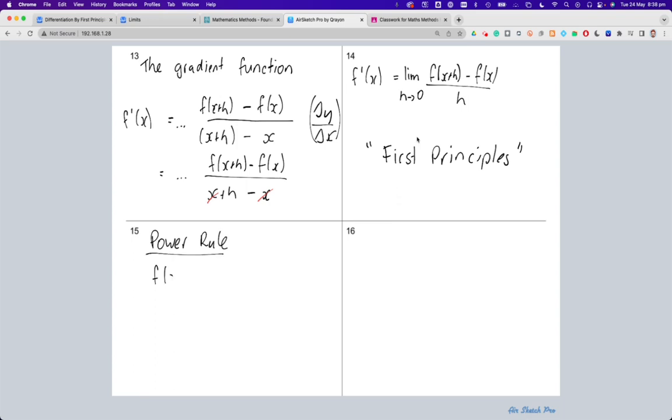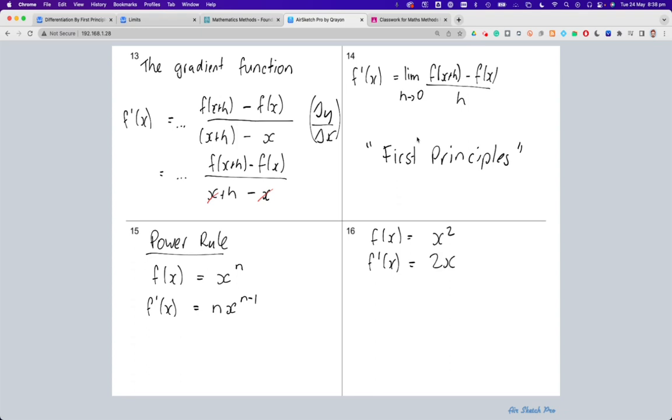If you've got f of x equals x to the power of n, so x raised to a power, then the gradient function is equal to n multiplied by x to the power of n minus 1. Really simple. So, for example, if f of x equals x squared, that's the graph that we've just been looking at, then f dash of x, or f prime of x, the gradient function, is equal to 2x.